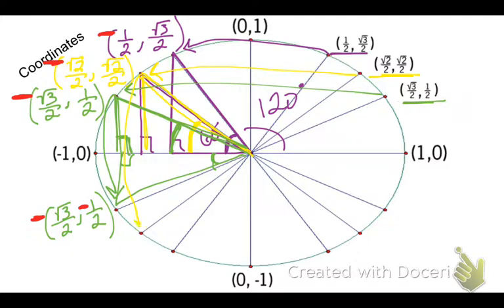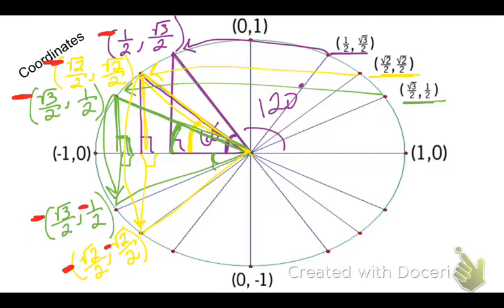Reflect the next point. The next point reflects to the middle, or 225 degrees. It has similar coordinates, square root of 2 over 2, comma, square root of 2 over 2. But again, we're in the third quadrant, so both coordinates are negative.